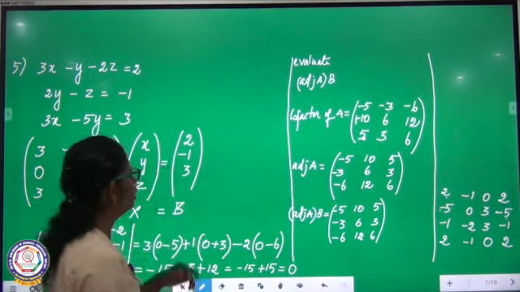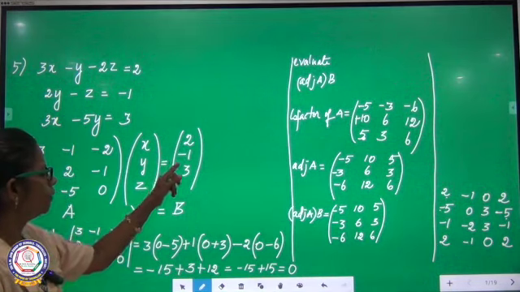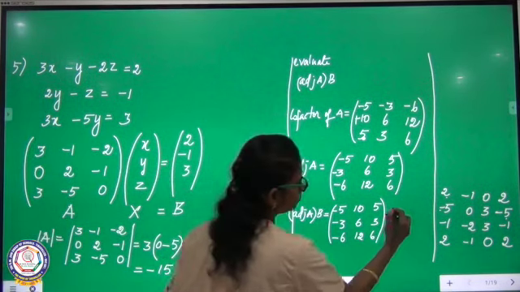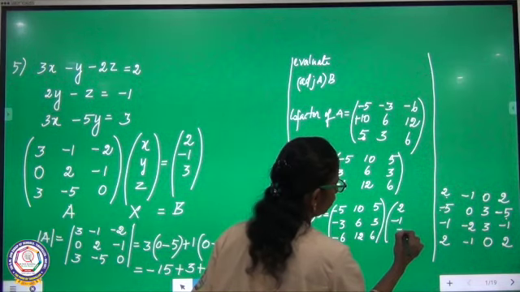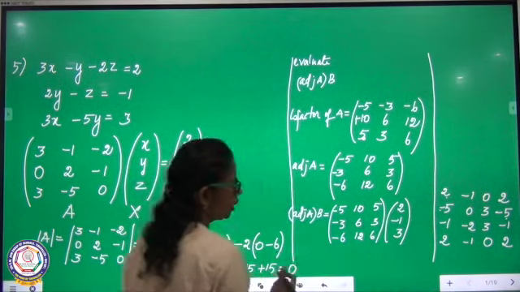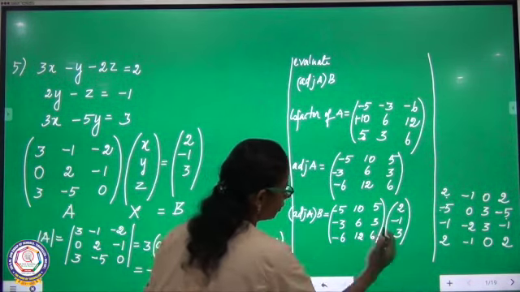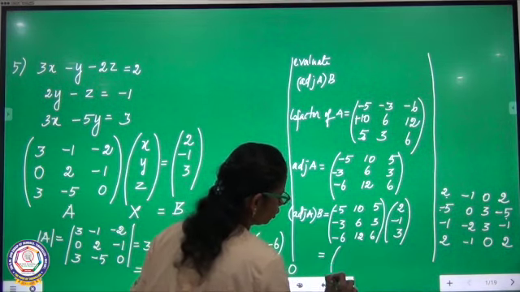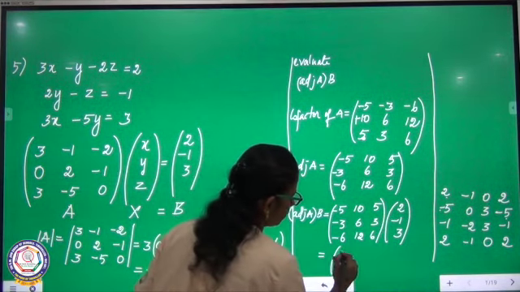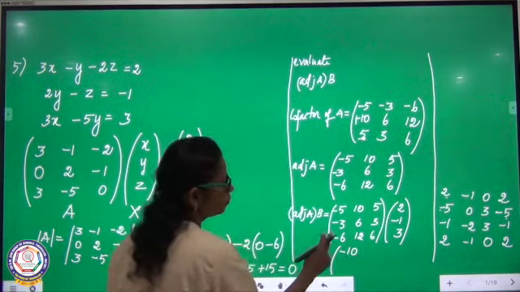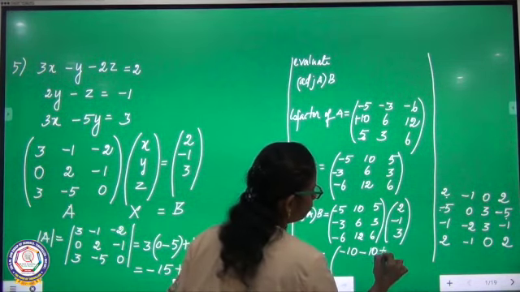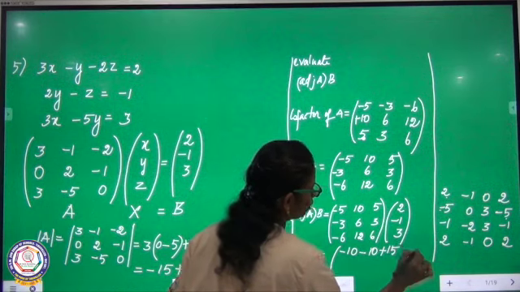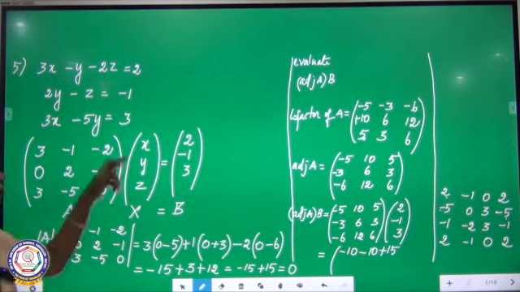What is our B? B is 2, minus 1, 3. Right? First row, first column, which is equal to minus 10, minus 10 plus 15. Right? 2, minus 1, 3.